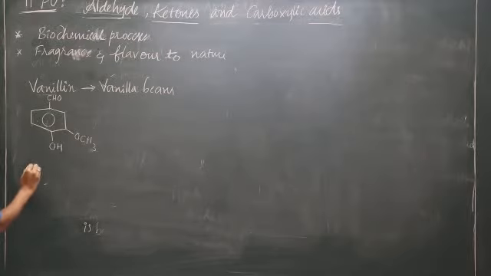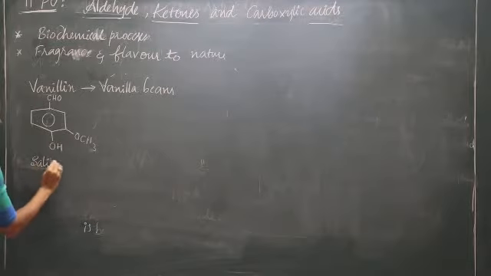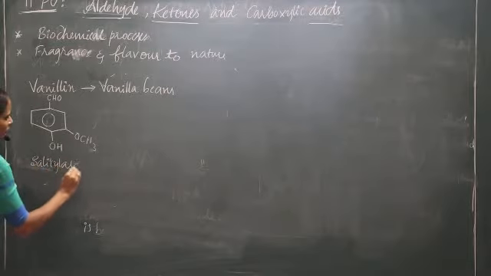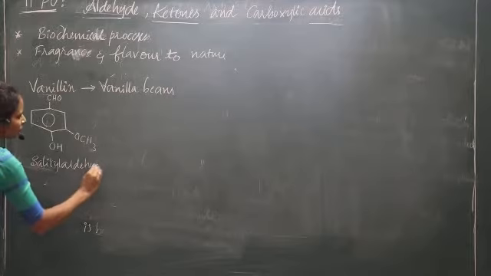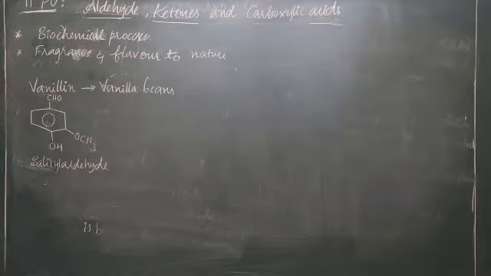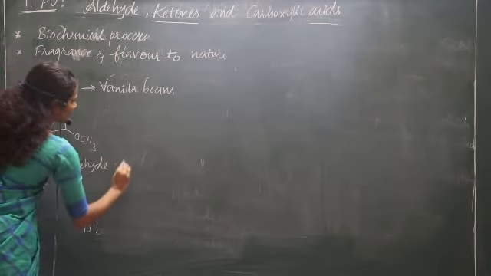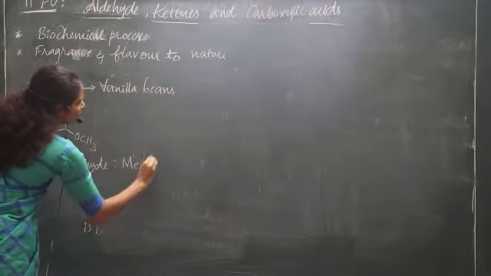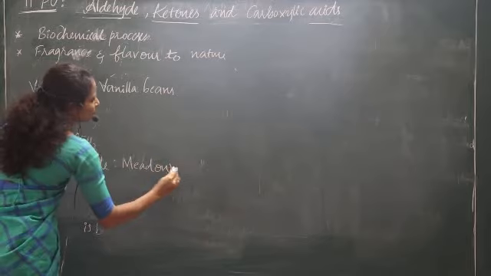Next one is meadow sweet. I'll write the compound: salicyl aldehyde, present in meadow sweet, one kind of herb.